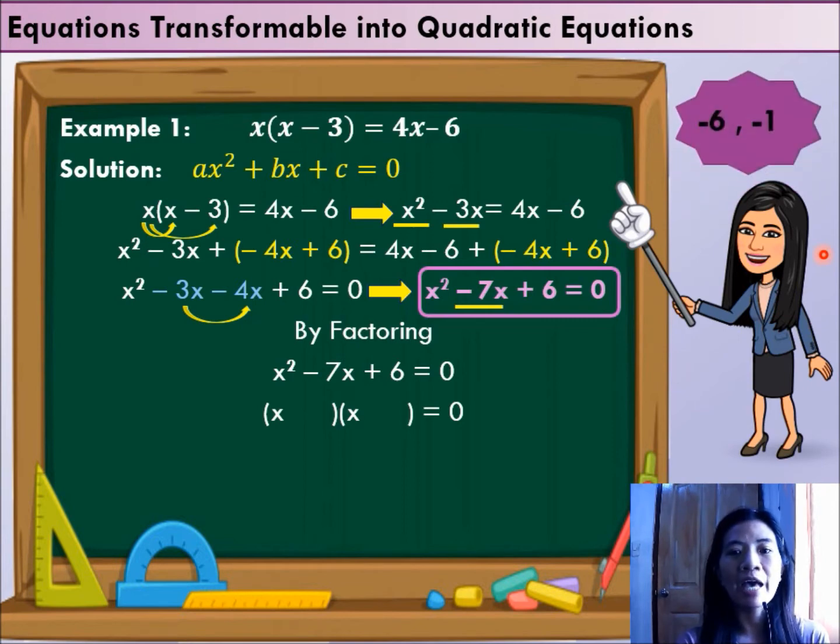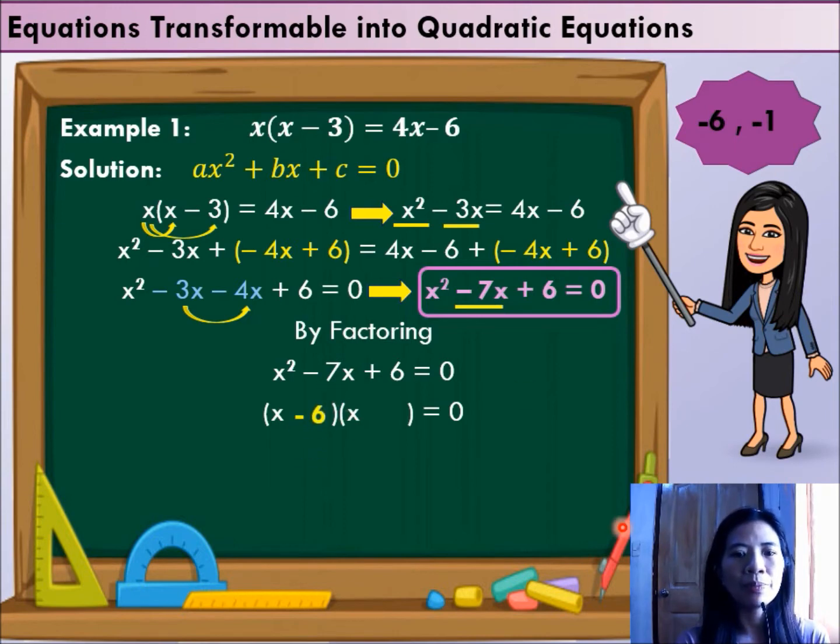So we have negative 6 and negative 1. To check, negative 6 times negative 1 is positive 6, and negative 6 plus negative 1 is negative 7.